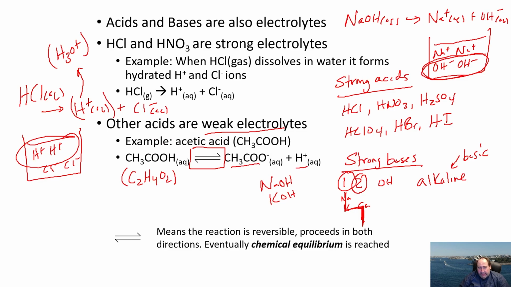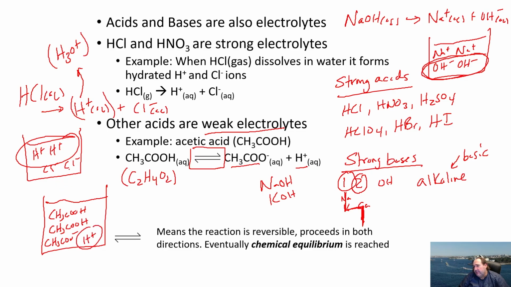So in solution, if you had acetic acid, which is the major component of vinegar, you would mainly have it all together, but you would produce a little bit of acetate, an ion, and a little bit of H plus. Because you're able to produce a little bit of H plus, it's still considered an acid. It meets the basic definition of an acid, the ability to produce H plus, but it produces nowhere near the amount of H plus that hydrochloric acid would, which is a strong acid. But they're both still acids.